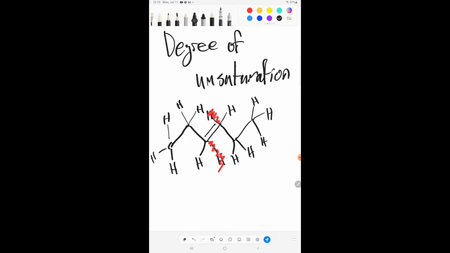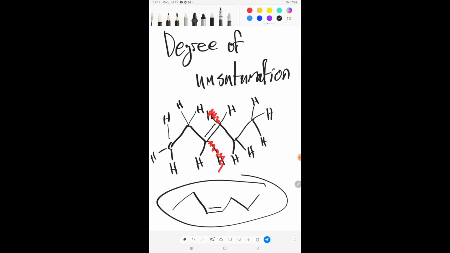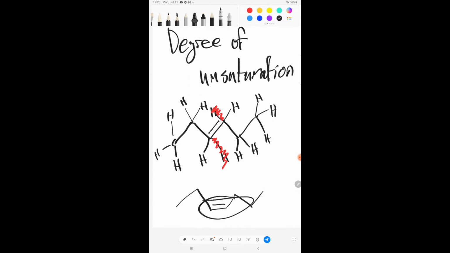And when we introduce this pi bond, this can kink, like so. So this one saturated fat is now considered unsaturated because these carbons are not being saturated to their full extent by hydrogen atoms. There's a pi bond here.